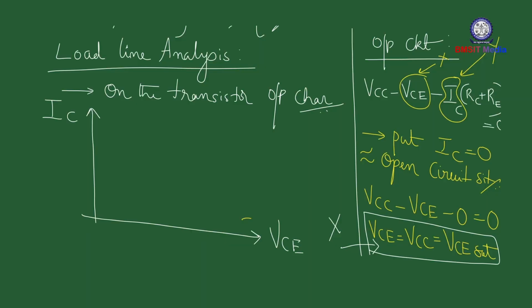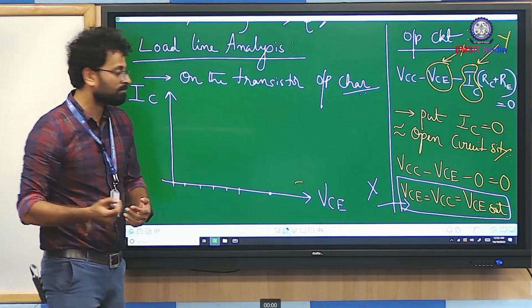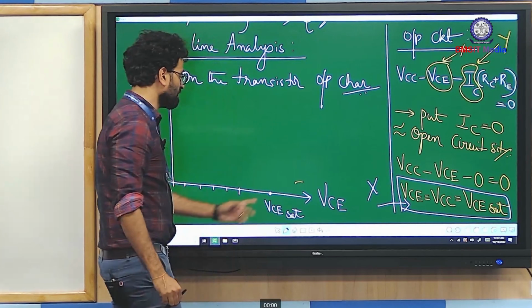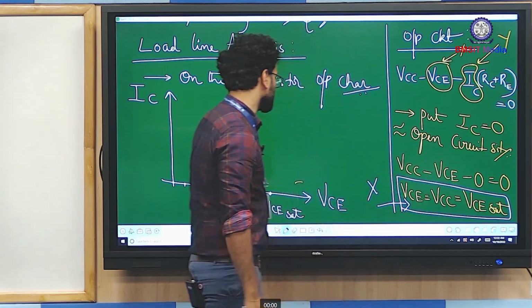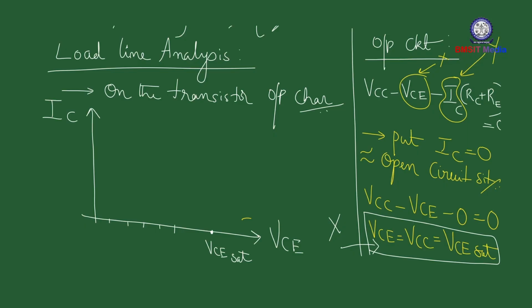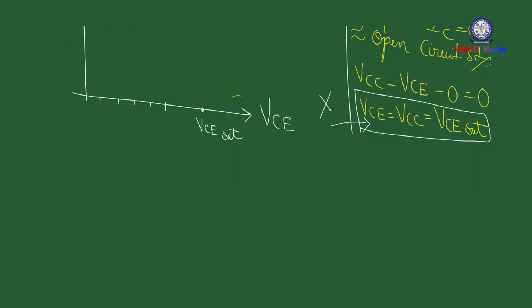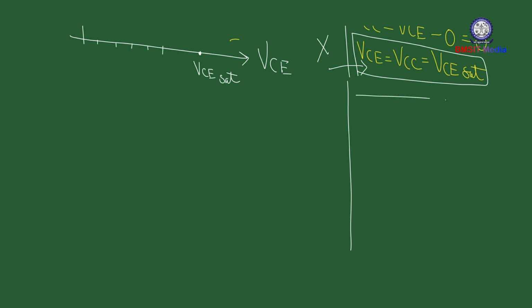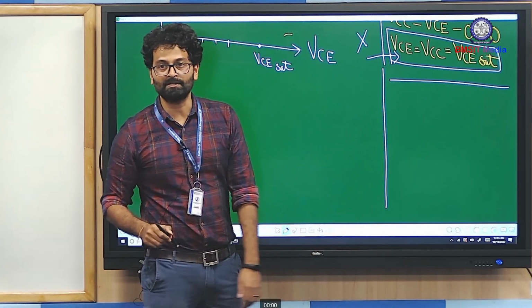Along the x-axis, you basically project the voltage, say 2 volts, 4 volts, 6, 8, 10, 12, and so on, and finally you will locate the power supply voltage. That's your VCE saturation point, and VCE saturation is equal to VCC. All right, fine. Similarly, you can now find IC saturation. Now you have assumed the open circuit scenario, right?